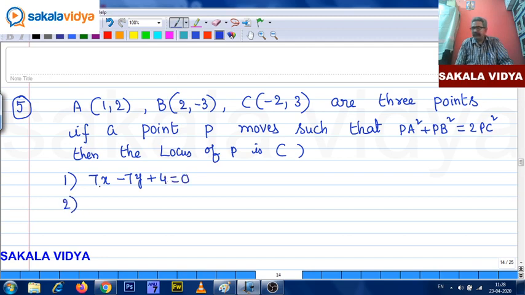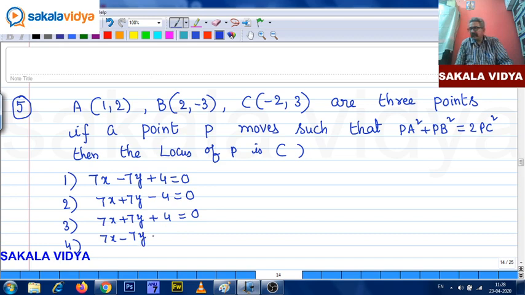Second option 7x plus 7y minus 4 equals to 0. Third option 7x plus 7y plus 4 is equal to 0. Fourth option 7x minus 7y minus 4 equals to 0.